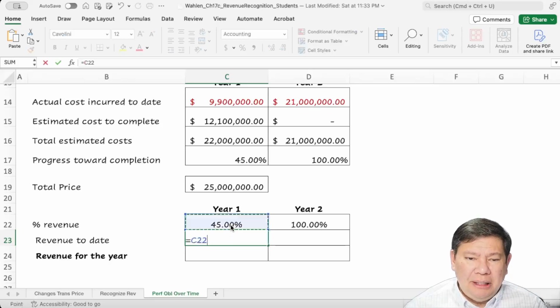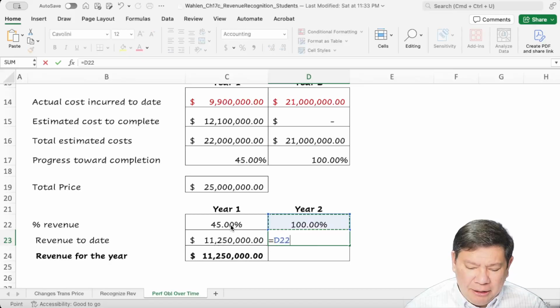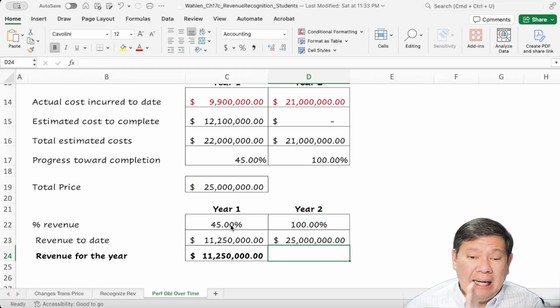So revenue to date is 45% of the 25 million, $11,250,000. That's what we recognize as revenue in year one based on the cost we spent. And year two is 100% times 25 million, so by the end of year two, you should recognize all 25 million.